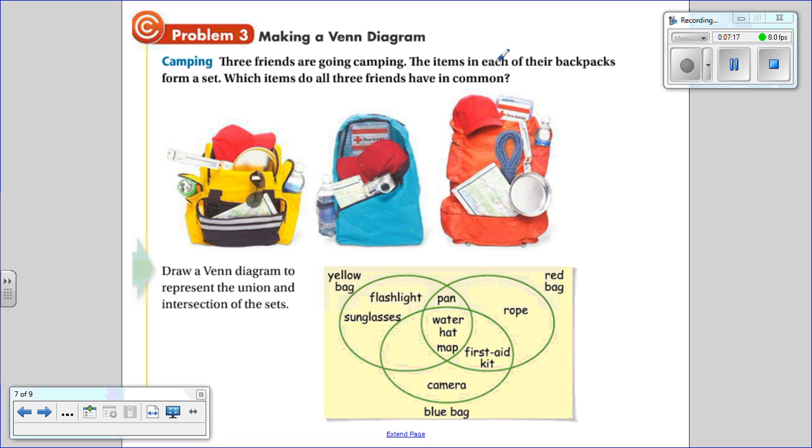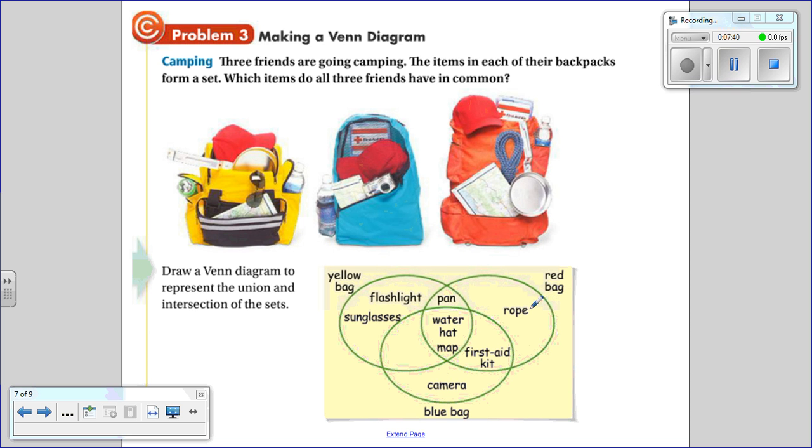We can create Venn diagrams to help us out with this. So if we were looking at 3 different friends who are going camping, and we're looking at, all right, are there things that maybe we're missing or things that maybe we all are taking that we don't need to each take? We look at it like this. The yellow bag has a flashlight, glasses, a pan, water, hat, and a map.